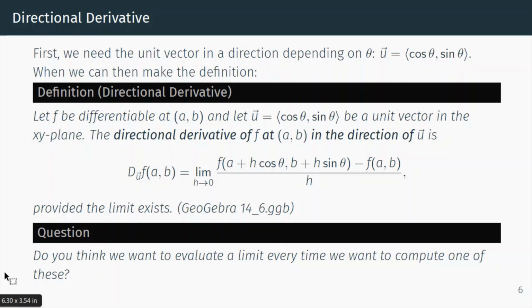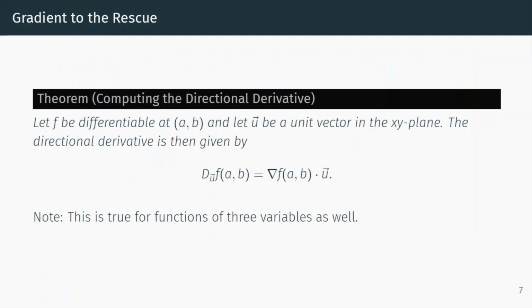Now what you might be wondering is, do you want to actually evaluate a limit every time you compute a directional derivative? Usually these limits are hard to compute, and it's not fun to do it by hand. And what I have to say to you is, you won't have to, because the gradient comes to the rescue. If you've got a differentiable function, you can compute its gradient. Remember, the gradient was just the vector of partial derivatives.